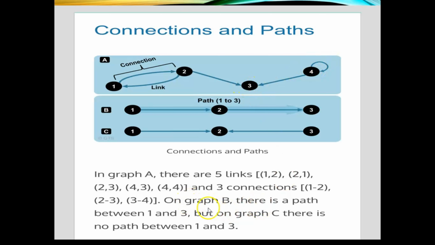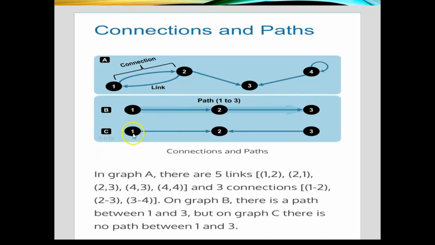Now on graph B, there is a path. We said that the path means it keeps flowing. It's a sequence. Just like we have here, 1 to 2, then from 2 to 3. This is a path. So what we have in B is a path. In graph B, we have a path between 1 and 3. That means there is a path leading from point 1 to point 3.